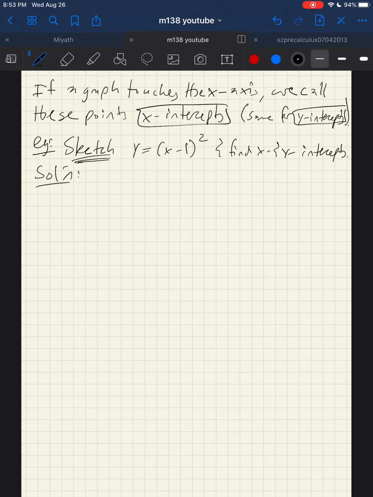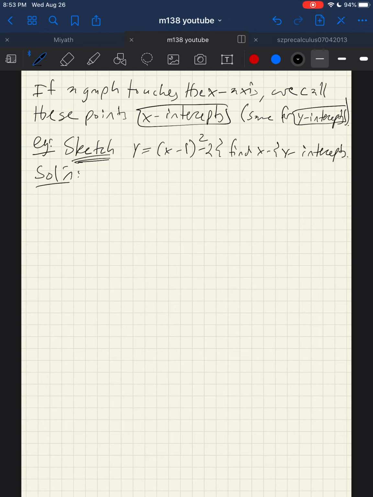We're not going to worry about this being perfect. We're just going to think about roughly what we know about this kind of thing. So, (x minus 1) squared minus 2. I forgot that. Okay, so what we want to do is find the x and y intercepts.